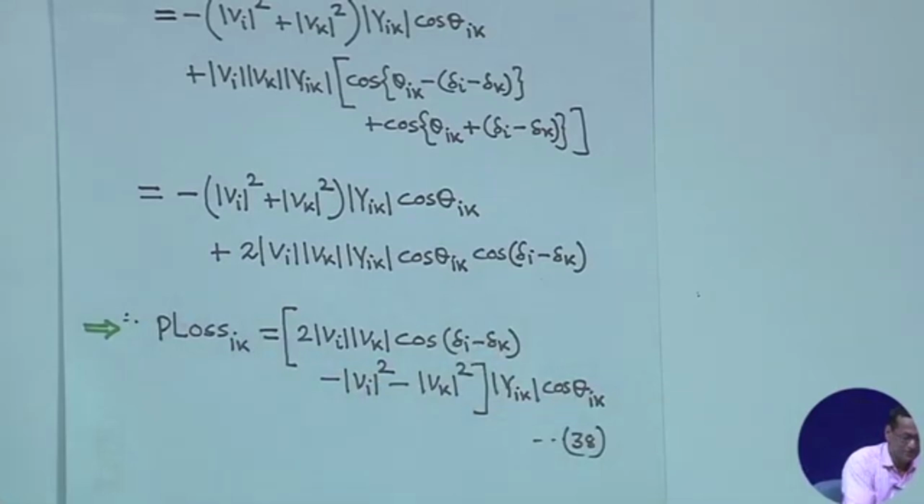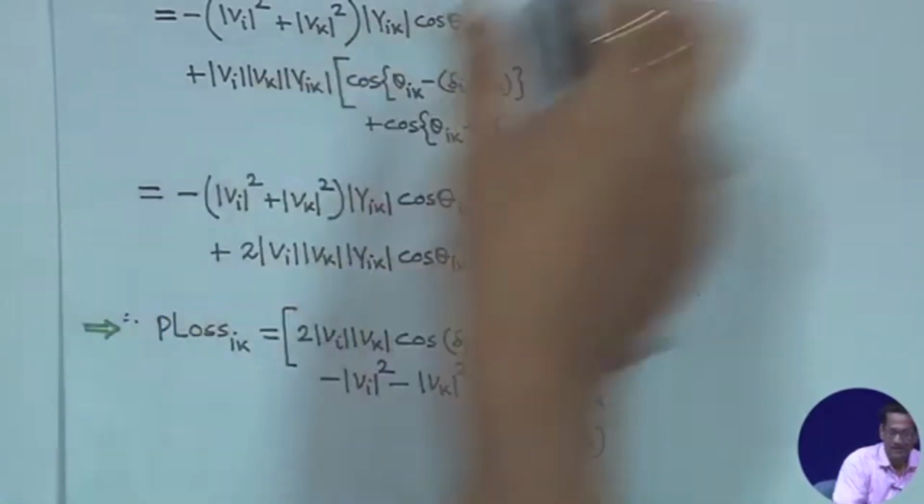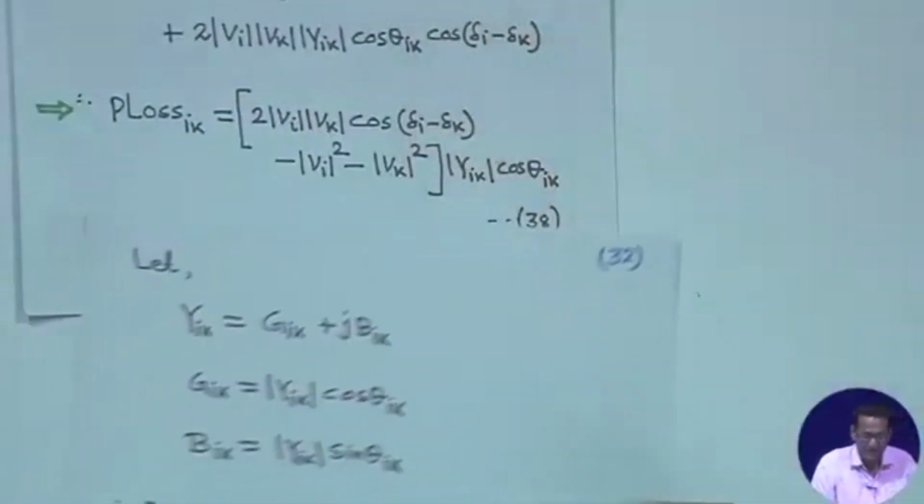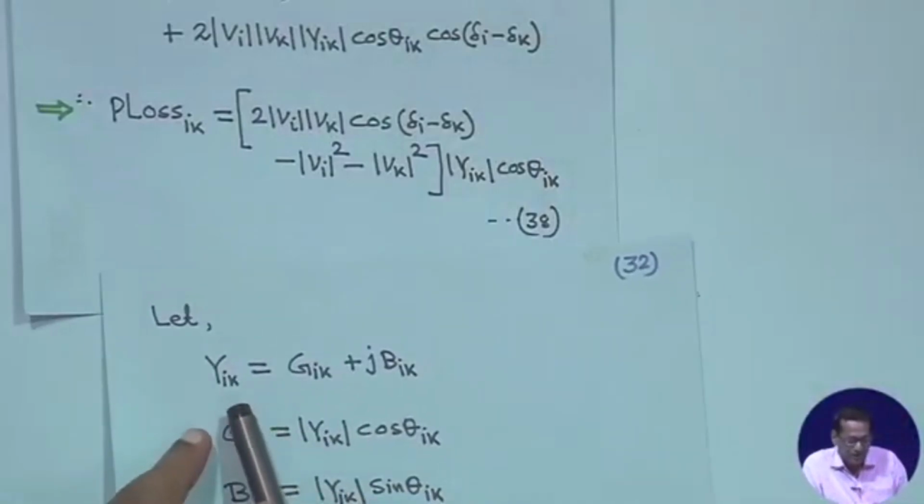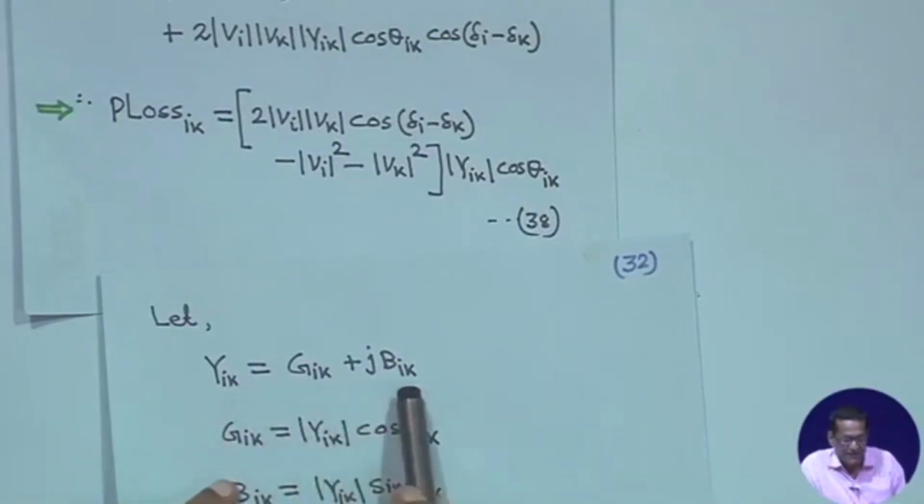Now, this equation can be simplified further. Assume capital Y_ik is equal to G_ik plus j B_ik.